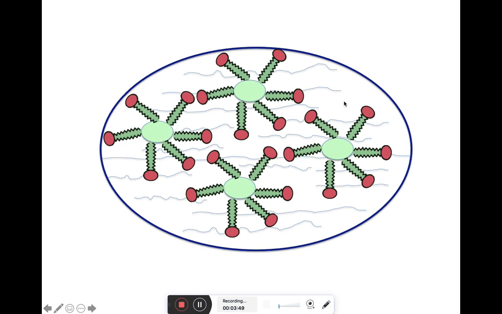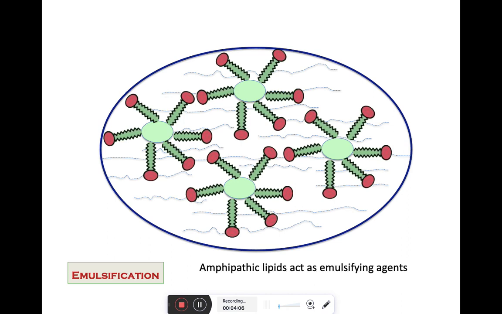The lipid which is normally insoluble in water is made soluble in water. This process is called emulsification. A non-polar molecule is made soluble in the polar medium. This is a very special role played by the amphipathic lipids. They act as emulsifying agents.